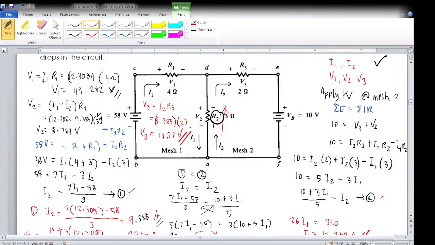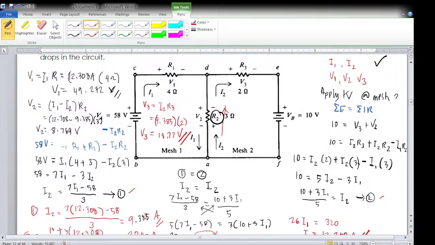What is a branch current again? Current in a specific circuit, ma'am.